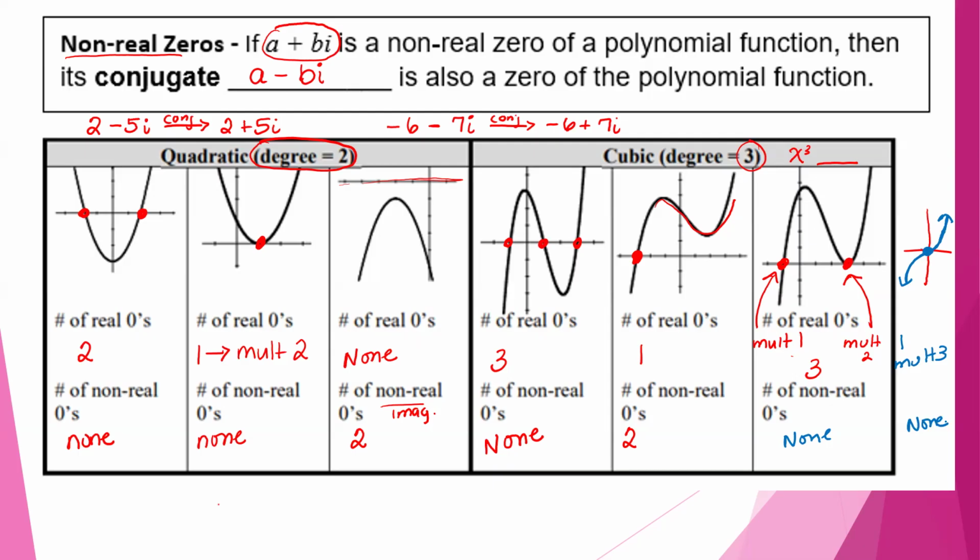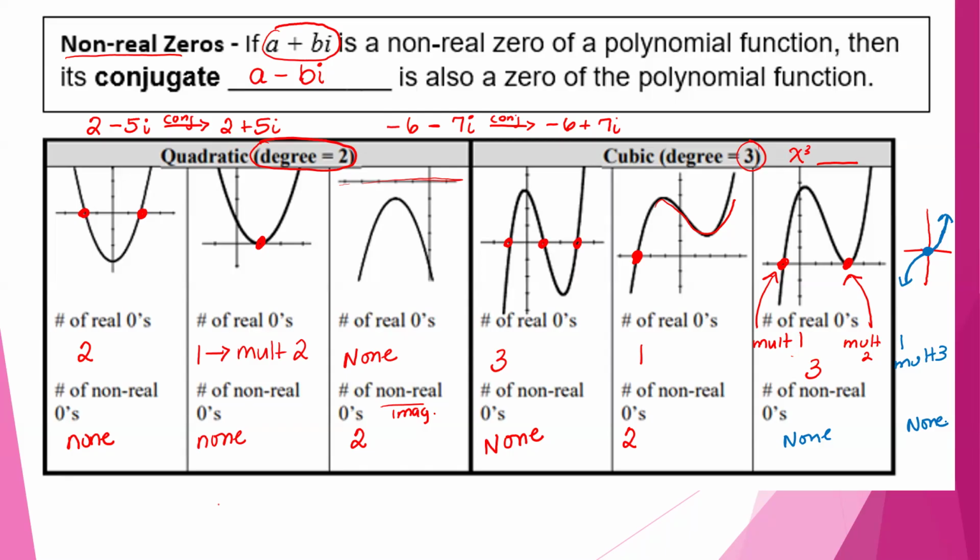Any odd one, you must have 1 real one. All odd degrees must have 1 real one, because I said imaginary ones come in what? Pairs, right? So if they're coming in pairs, 2, 4, 6, there's no way to get an odd number.